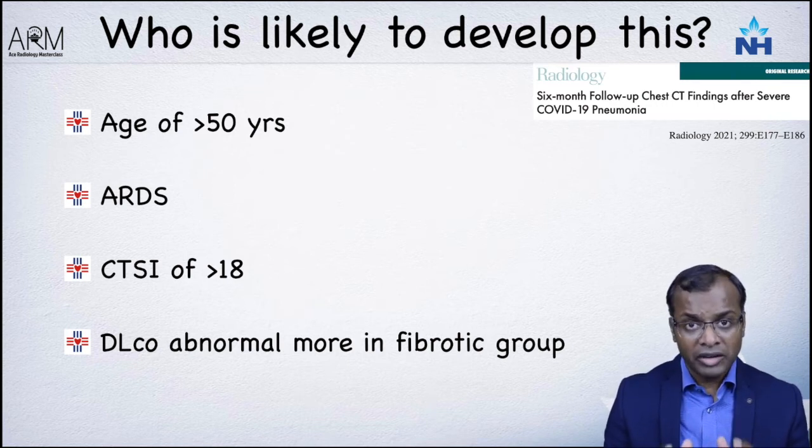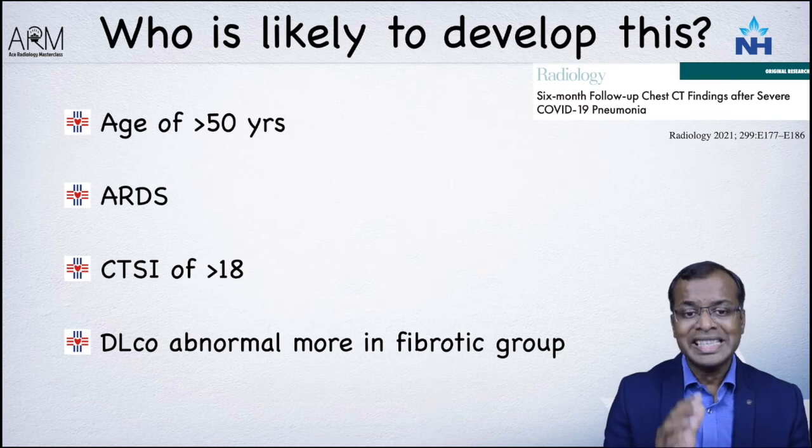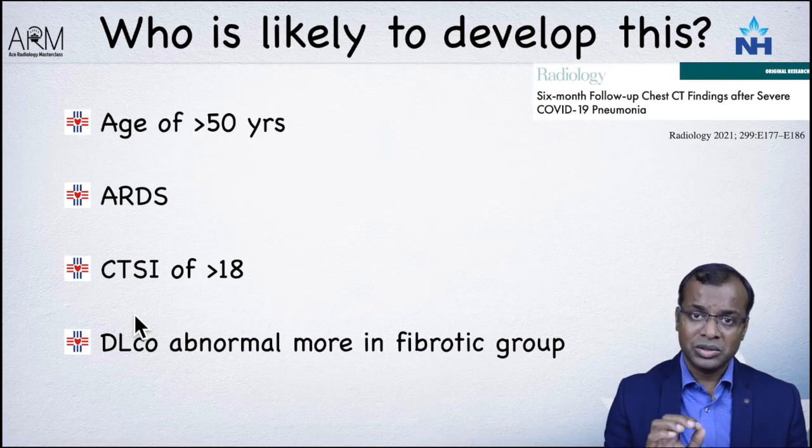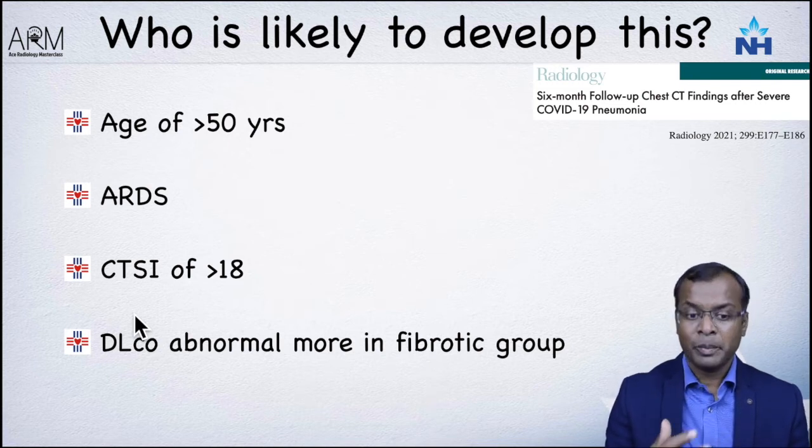When we looked at the fibrosis group, what you're seeing is they were more than 50 years, most of them. They had ARDS as part of their presentation while they were hospitalized. The CT severity score was more than 18 in a majority of patients, CT severity score of 18 out of 25.